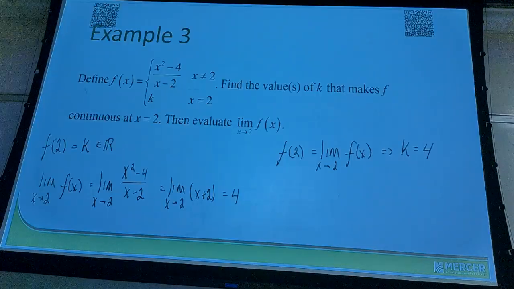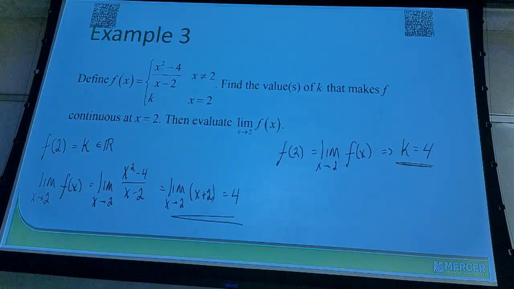Which means k has to equal 4. We already found the limit, so there's the limit. To be honest, I'm lost. I don't understand this.